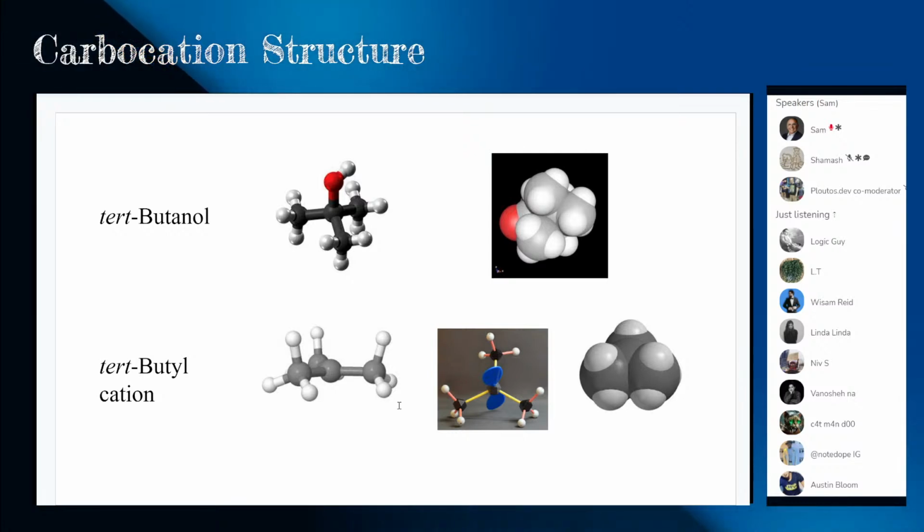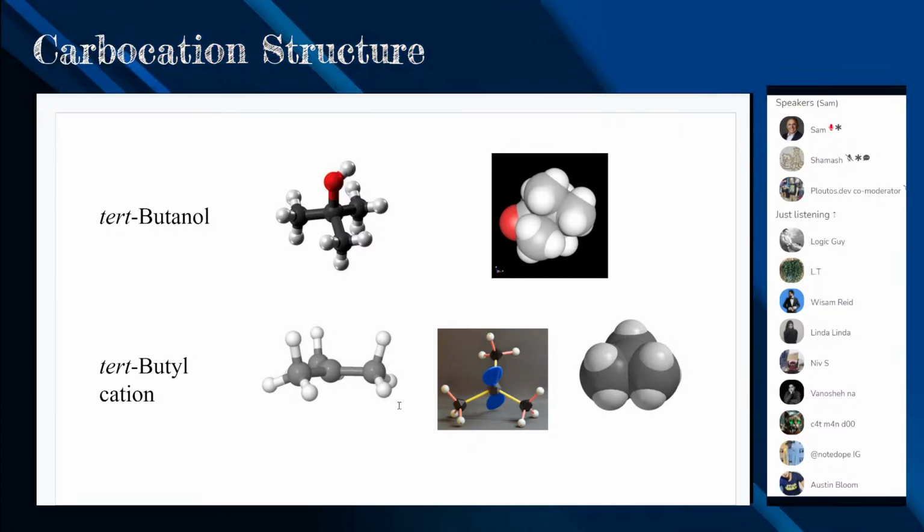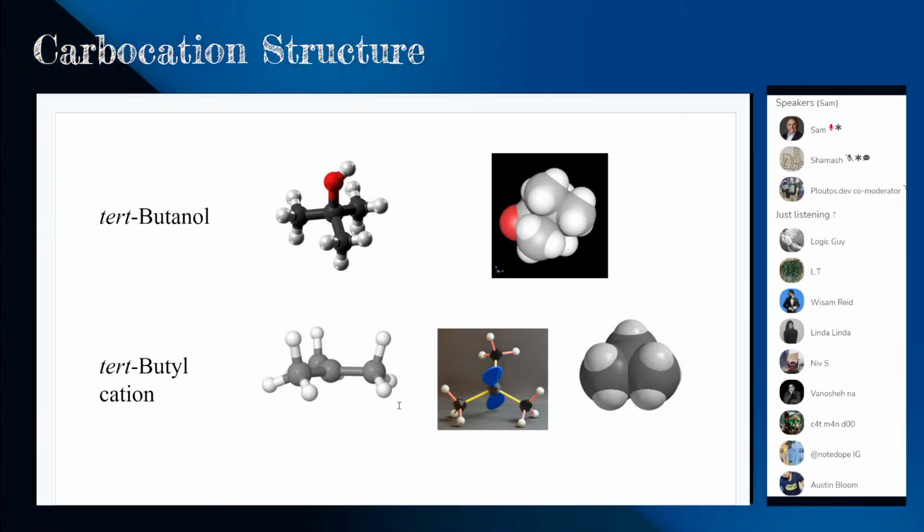You may remember I put in t-butanol, which is the alcohol of tertiary butyl, meaning that you have that tertiary butyl group, but in the central carbon you have an OH group. Any organic molecule that has an OH group attached to it is an alcohol.